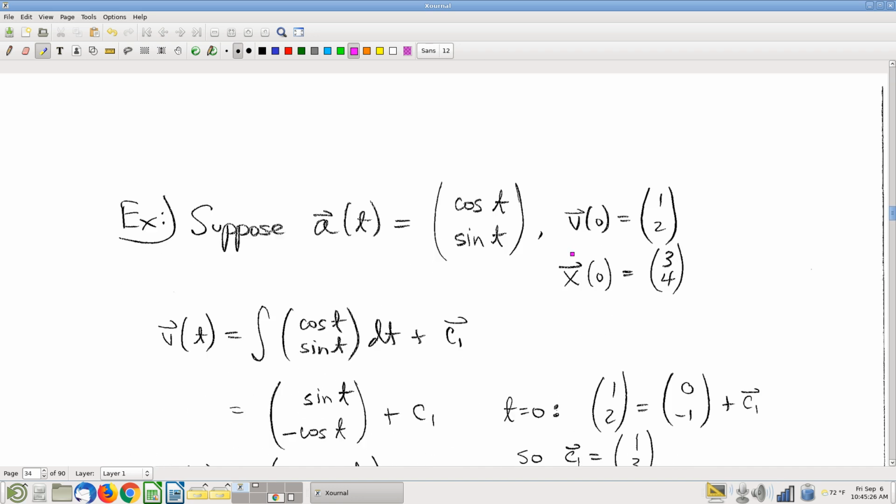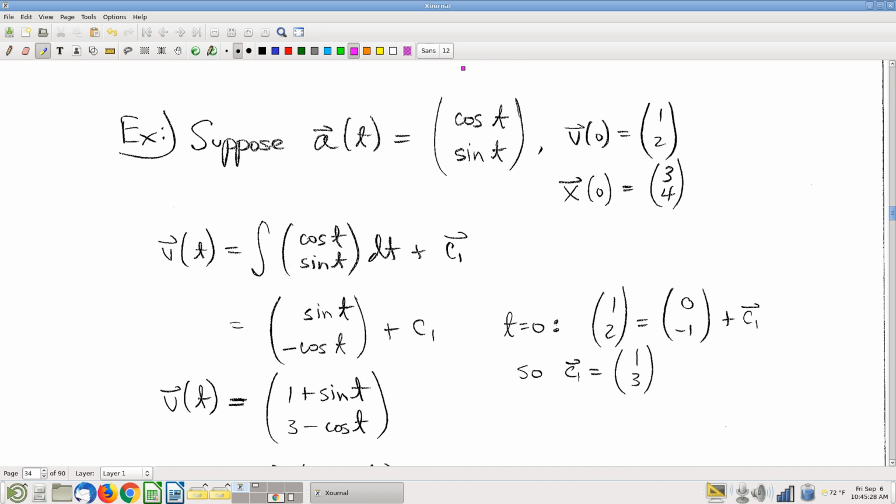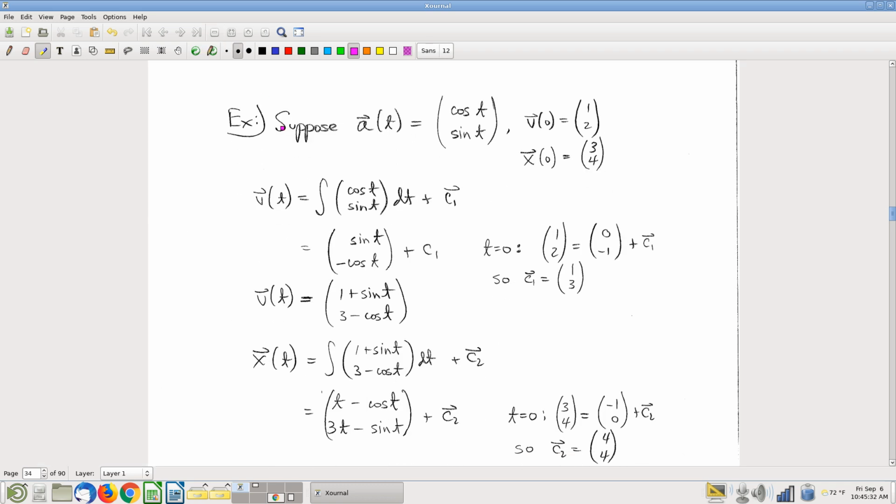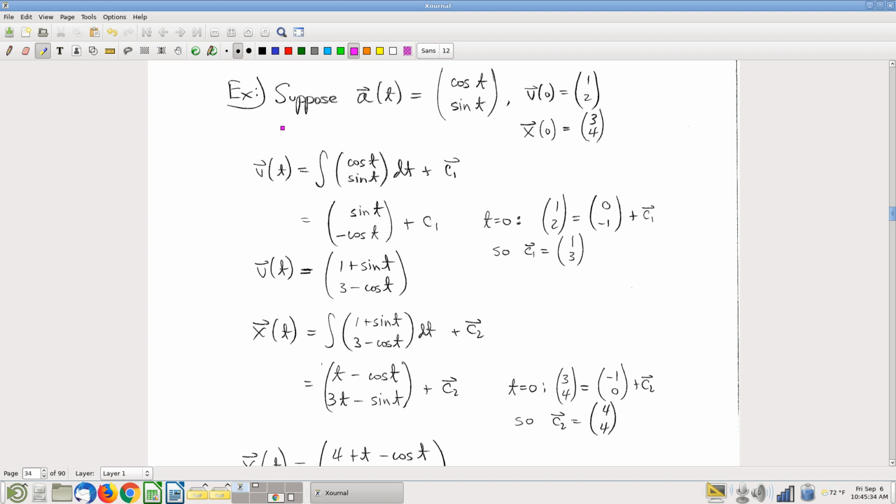All right, now here's a familiar old example. Y'all have seen this kind of thing a million times. The only difference between this and stuff you did in Calc 1 bunches of times is that they're vectors, not scalars. But recall that in Calc 1 classes, or maybe physics classes, if they give you acceleration, then you can take an antiderivative to get velocity, and another antiderivative to get position, and as you go along, you can figure out what these constants of integration are.